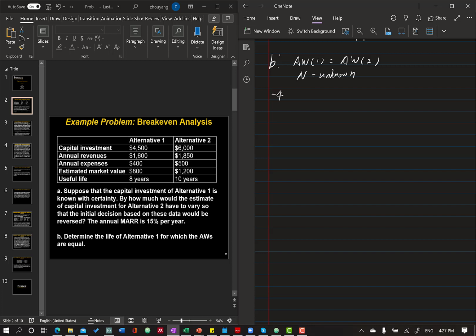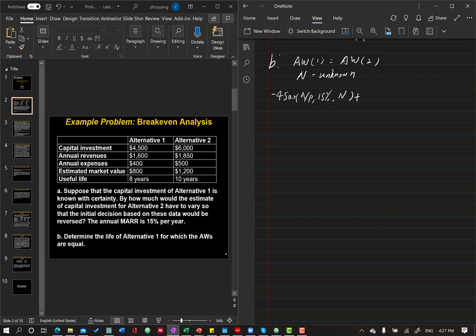So now we have minus 4,500 times the factor A given P, with the hurdle rate 15%. But remember we have the unknown lifetime years for alternative 1, so we put big N here.